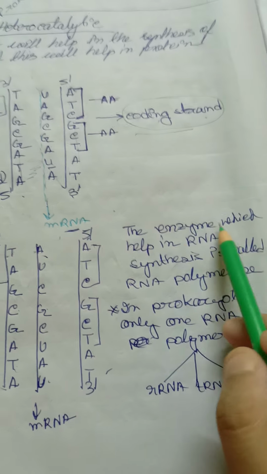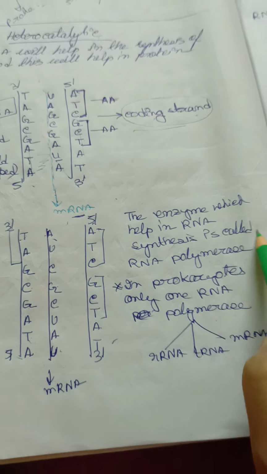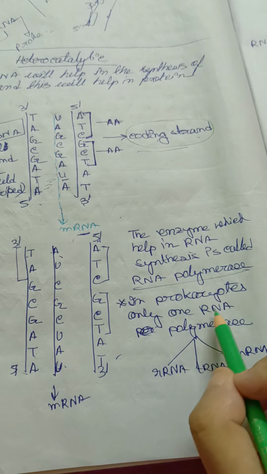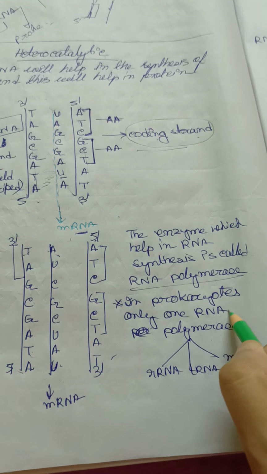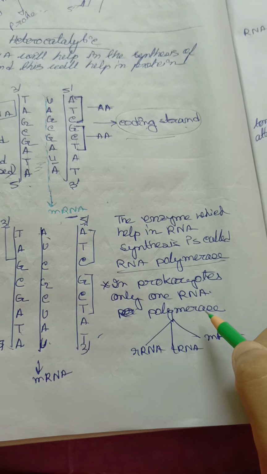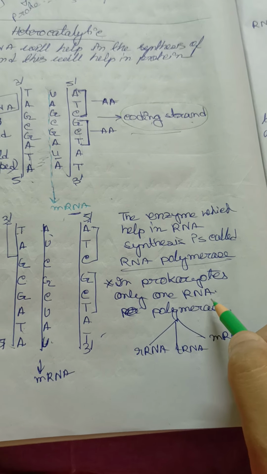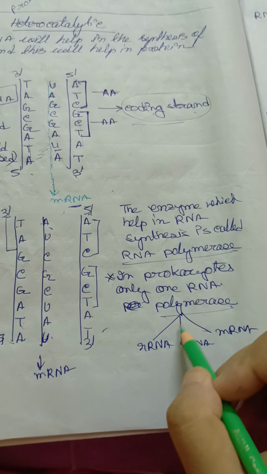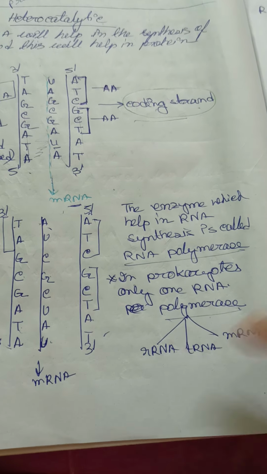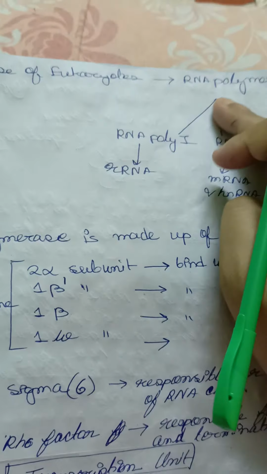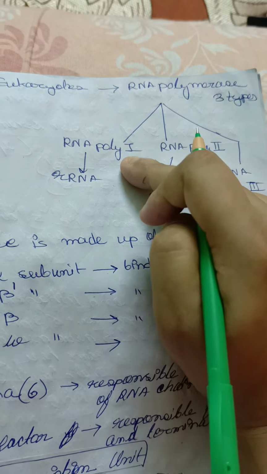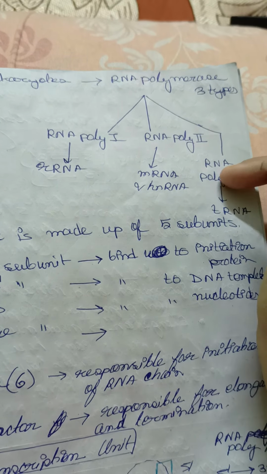The enzyme which helps in RNA synthesis is called RNA polymerase, and in prokaryotes only one RNA polymerase is there. But in eukaryotes there are 3 types of RNA polymerase: RNA polymerase 1, RNA polymerase 2, RNA polymerase 3.